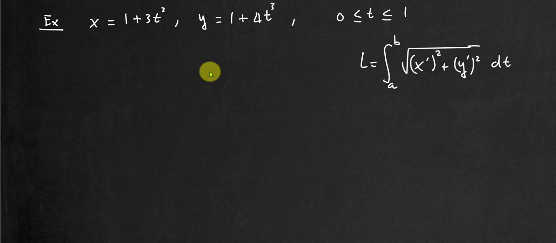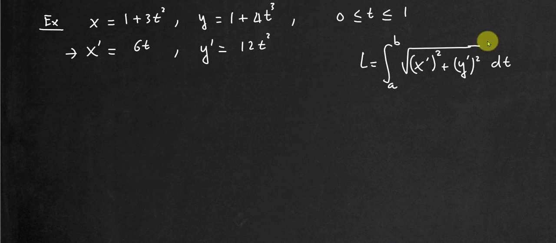So in this case, I have x equal 1 plus 3t squared. So when I find the derivative of x with respect to t, I bring down the power 2, I have 6t. And similarly, I find y prime, I bring down 3, I have 12t squared.